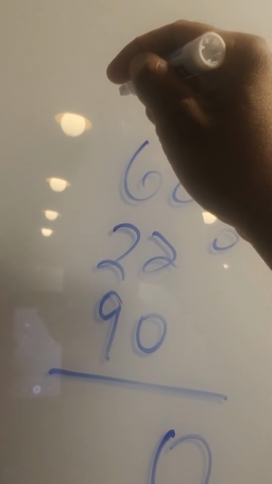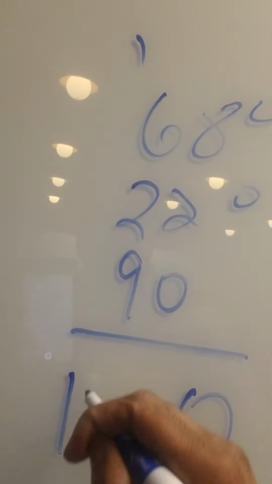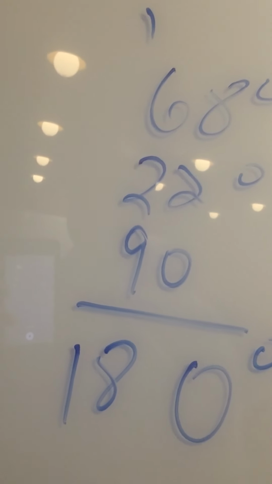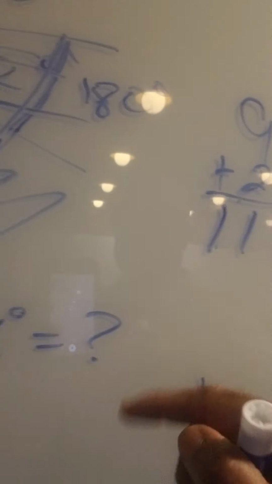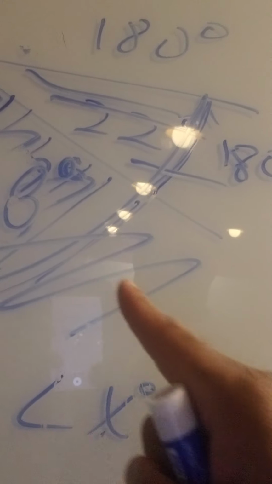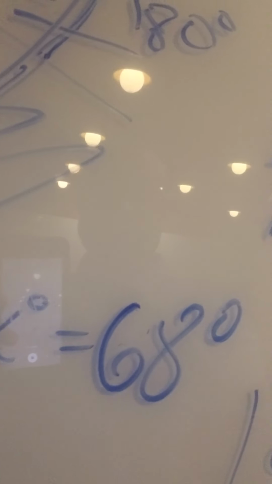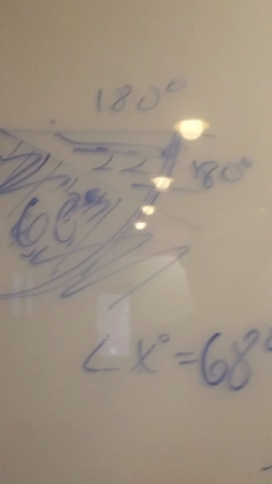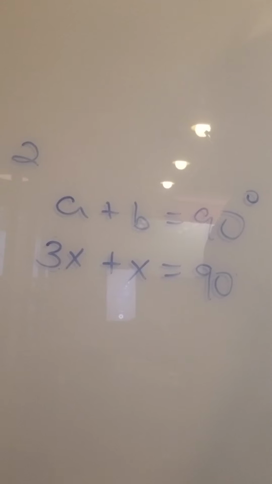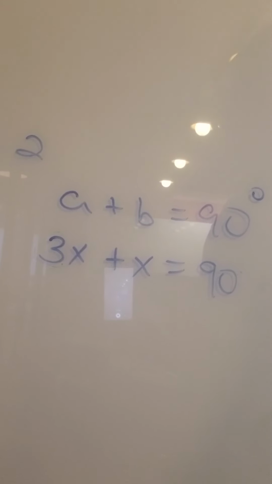So carry the 1, and this is 180 degrees. So that means x has to be 68 degrees. Got that, kids? Good.